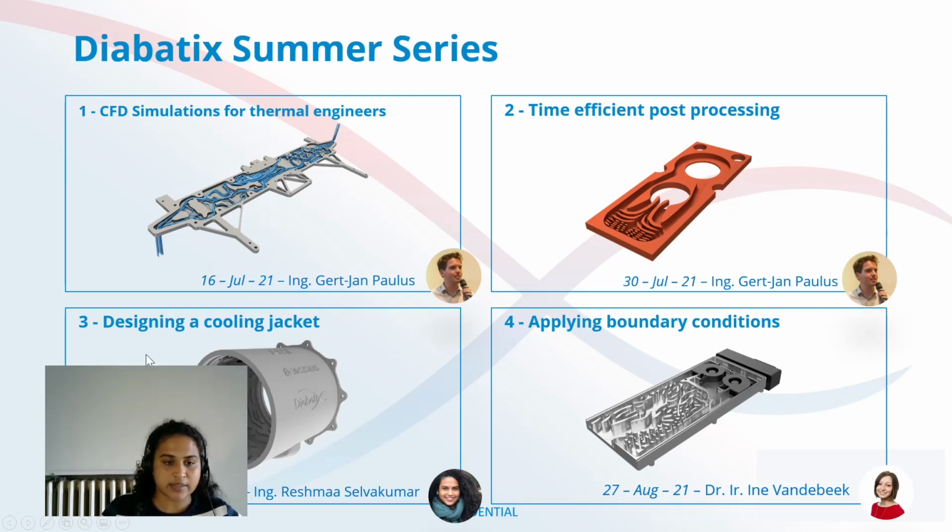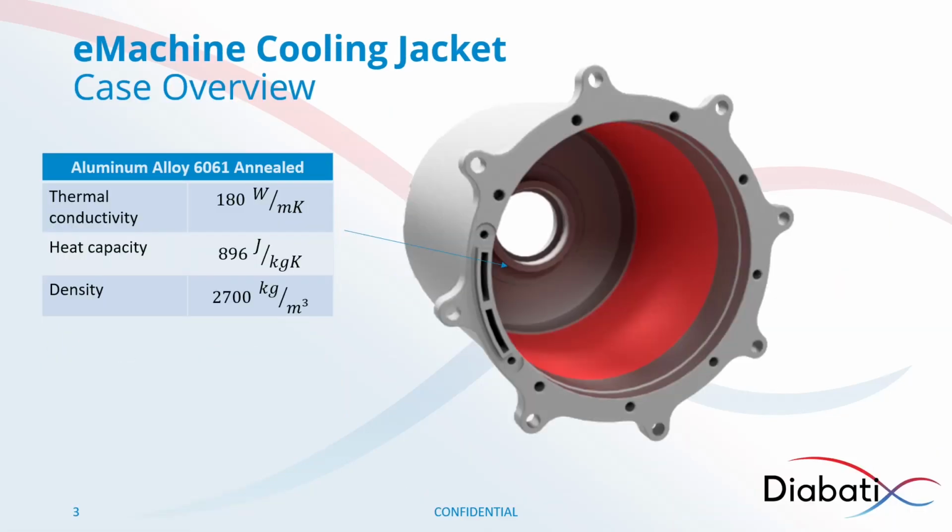Let's take a look at the case setup for this cooling jacket. This is the start of the case that we will be looking at setting up on the platform today. What you see here would be the heatsink or the cover of the cooling jacket. This is just the solid region, and inside this cover you would typically place your eMachine or your electric motor.